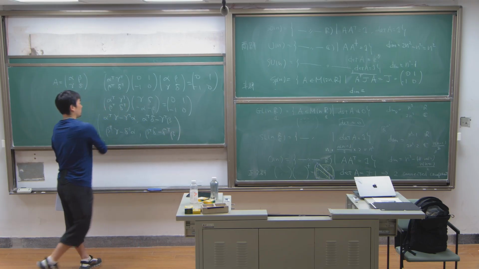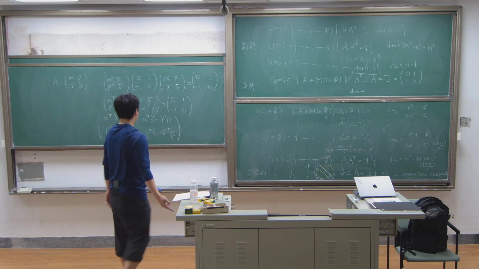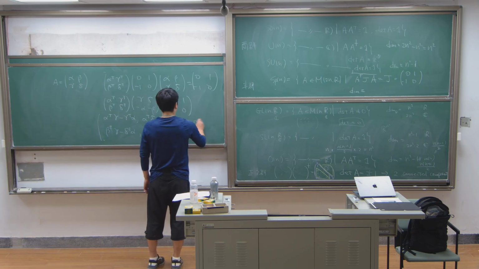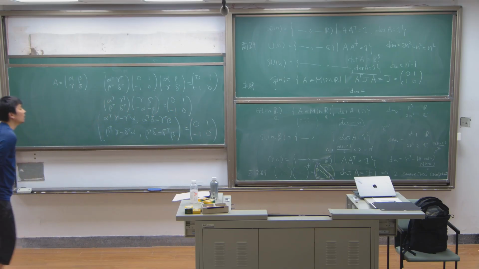So those are the relations, equal to 0, 1, minus 1, 0. Is it okay? Am I doing the calculation correctly? So far so good? If I make a mistake, please let me know.